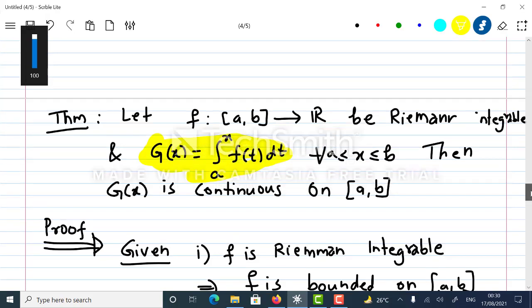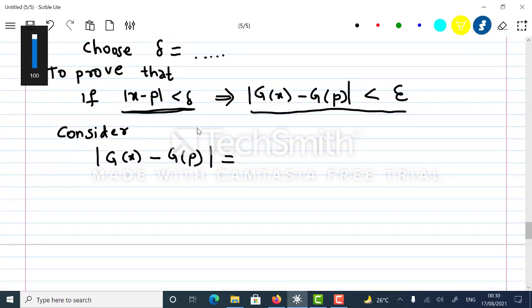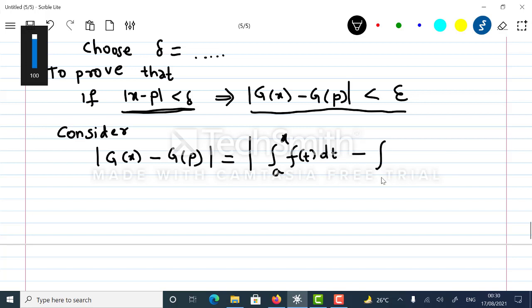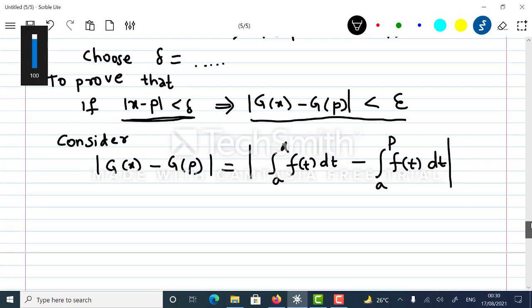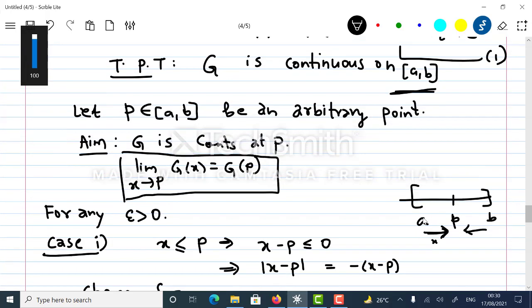So let me write that down. Modulus of g of x, which is integral a to x f of t dt, minus g of p, which will be integral a to p f of t dt, right? But between a to p, there is x.